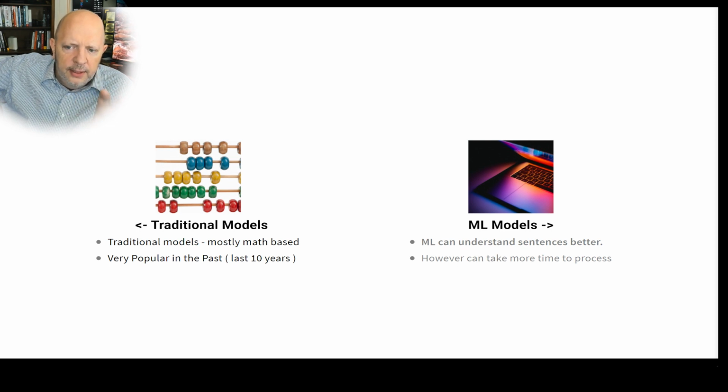Machine learning models tend to understand this, or can infer this from the intention they use to better get an understanding of the context of the sentence. And so that's what's majorly different about this.